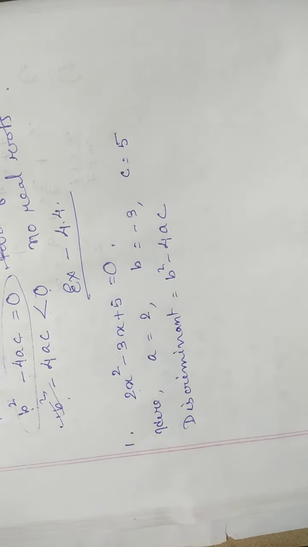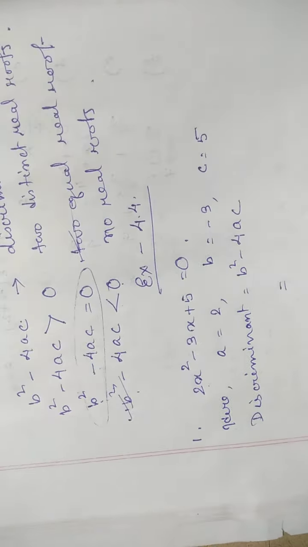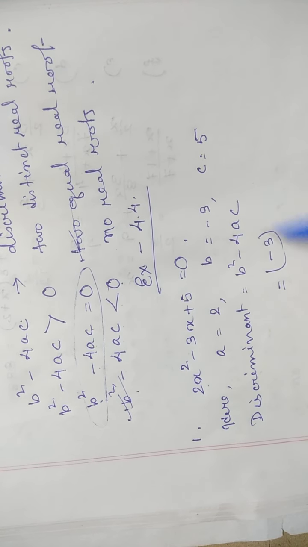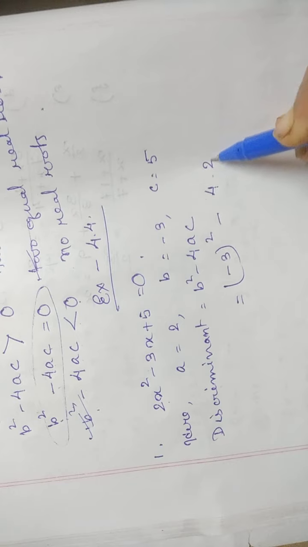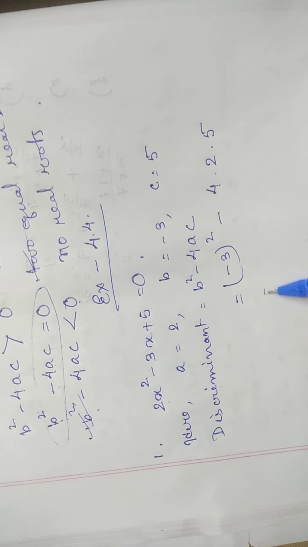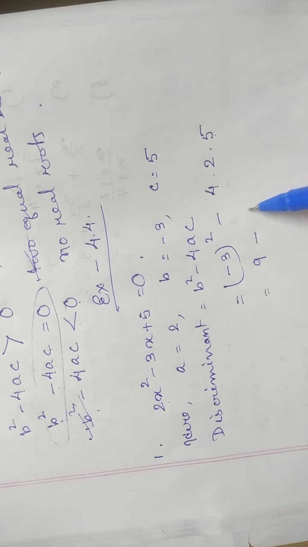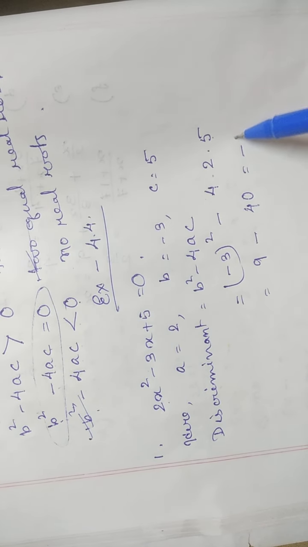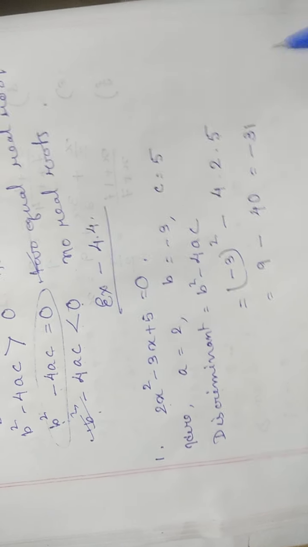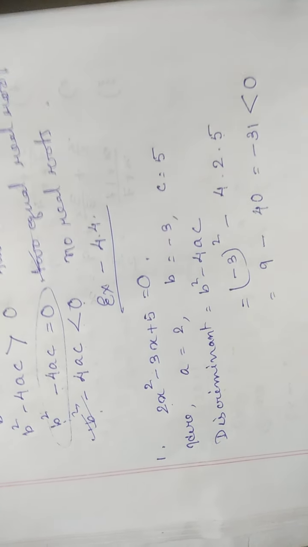This one you have to find out. The value of b is minus 3. So minus 3 whole square minus 4 into a into c. So it is 3 3s are 9 minus 40.